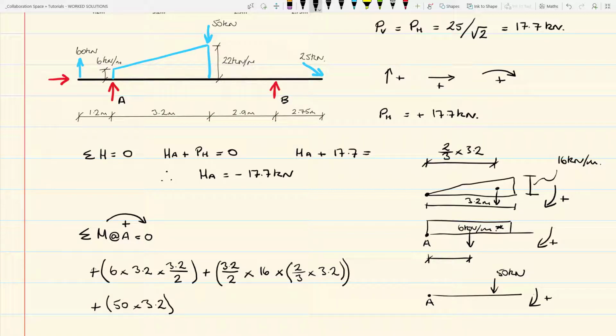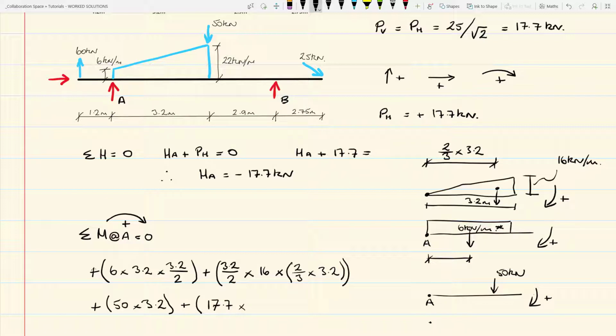Then if we consider the point load to the end of the beam, so this is the vertical component of the inclined point load. Again, it is acting clockwise about A, so we have 17.7 times its lever arm, which is the total length.